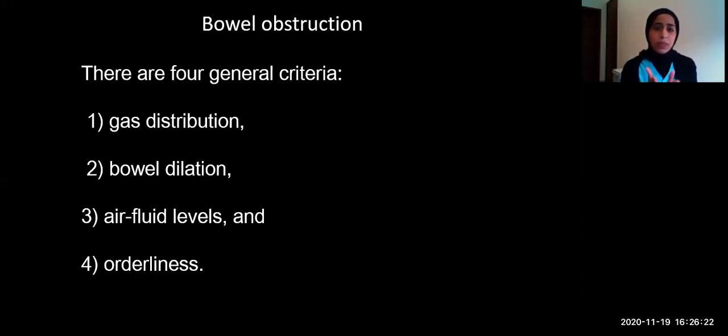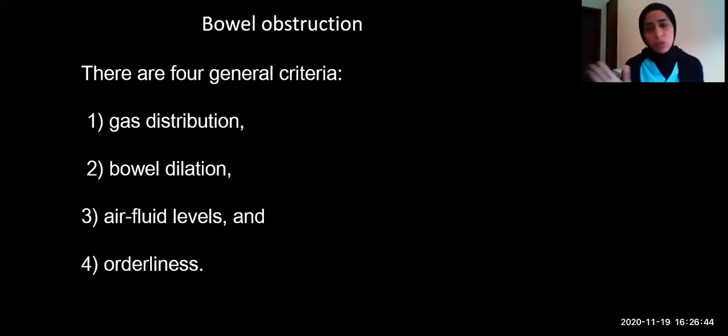The important thing is that you detect the bowel obstruction with the fine details or abnormality before going to massive dilatation and air fluid prominence. So always pay attention on the abdominal radiograph to the distribution of the gas rather than the dilatation.